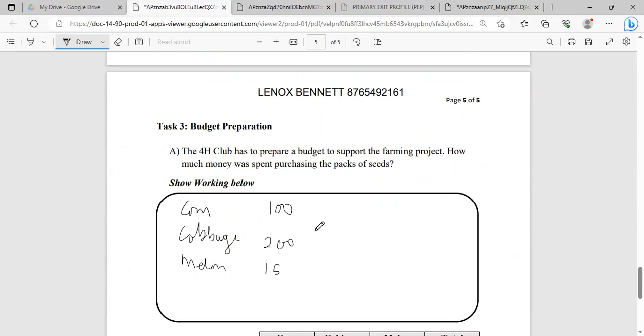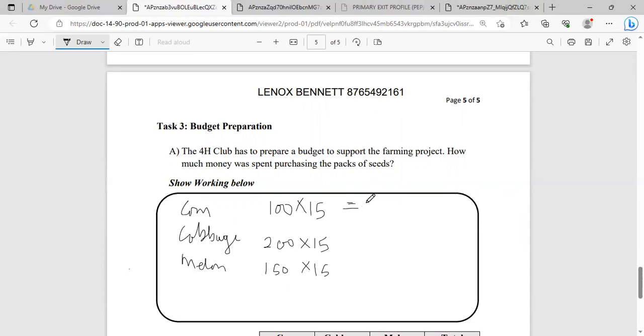All right, so for each, how many packs did we buy? We had bought 15 packs of this, so we're going to multiply this by 15. Multiply that, guys, and tell me in the comment section. 15 also, and this one was 15. Now if we multiply by 100, we just add the zeros, right?